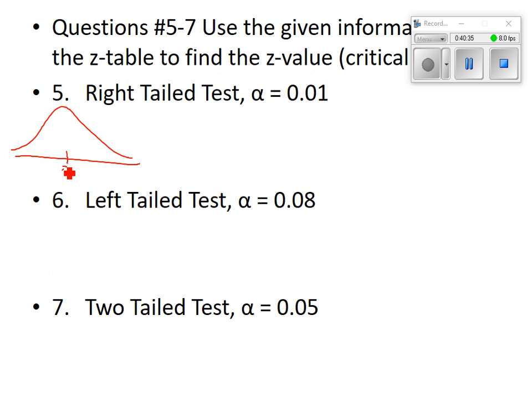If I have a right tail test, that's here. 0.01 is our alpha, so somebody help me out looking on the little chart on the front. 0.01 if it's right-tailed, what's our critical value? 2.33? Everybody agree with that?